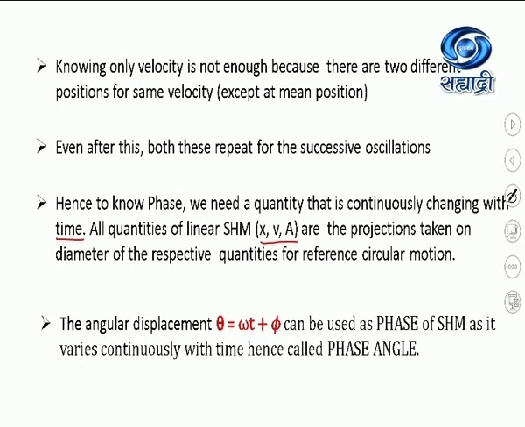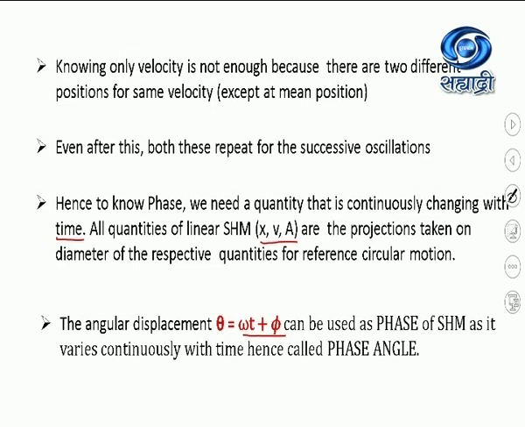So as per the analogy, the angular displacement theta in UCM, which is used as the phase of SHM, is equal to omega t plus phi. Why is this omega t plus phi used for representing the phase of SHM? Because this quantity theta, that is omega t plus phi, varies continuously with time, and that's why the phase of SHM is represented by this term.